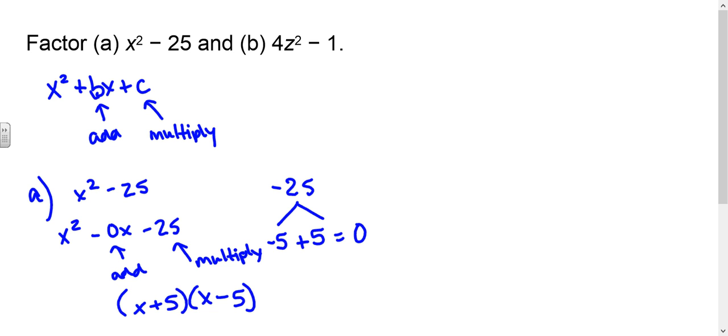All right, now let's try the second example. So I've got 4z squared minus 1. Well, this example is a little bit trickier because we have a 4z squared here. So when I have my factors, remember, I have to take the first number times the first number, and that has to equal 4z squared. So what number times itself equals 4?